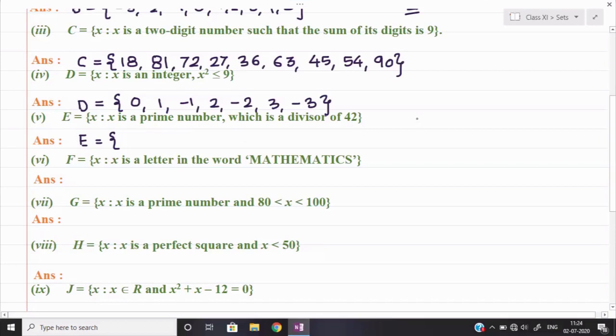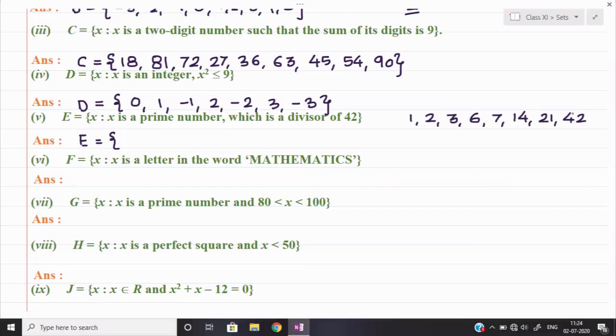So suppose I write down all those numbers which can divide 42. First number is 1, second number is 2, then 3. After 3 I think it will be 6, then 7, right? After 7, what can come? I think directly 14 will come, then 21, and then directly 42. I think these are the numbers which can divide 42.